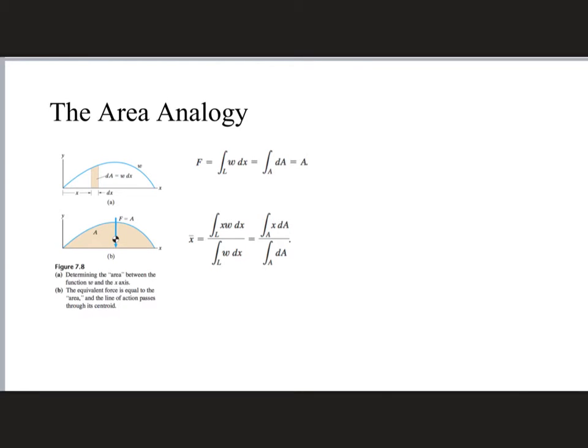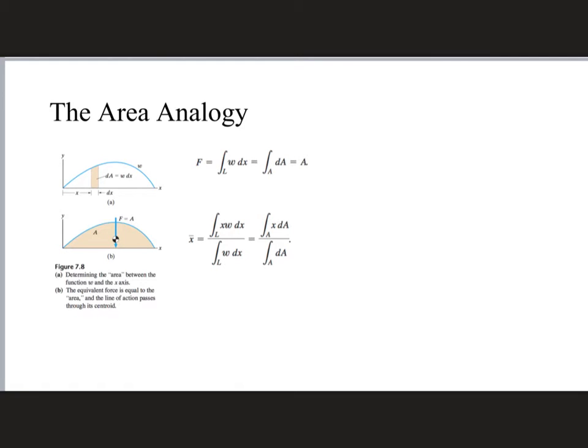Now, if I'm doing an integral of w dx, I can note that the height here is going to be w, and the width is going to be dx. So that w dx is just the area of that little slice, dA. And of course, if I integrate the entire area dA, that gives me just the area under the curve.